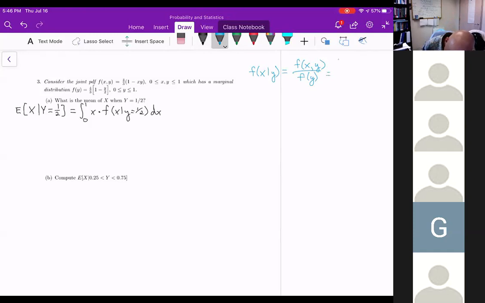The numerator is 4/3 times 1 minus xy. And the denominator is 4/3 times 1 minus y over 2. And the 4/3 cancels out, so that's nice. The next step is I realize that the conditional distribution we want conditions on y taking an explicit value of 0.5. So I'm going to substitute that in on the right.